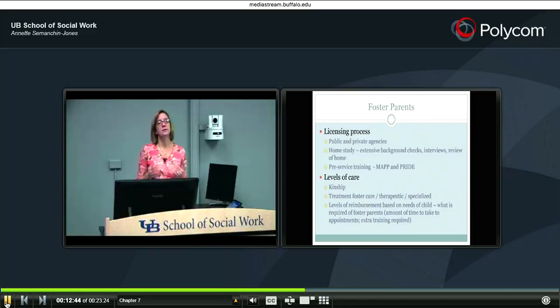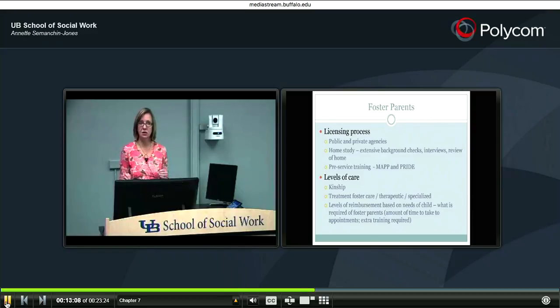There's also different levels of care for foster care. So you have kinship, so you might be a relative that actually becomes licensed. So it's a kinship foster care placement, that you're a licensed foster care provider for your related child. There's also different levels of treatment foster care, therapeutic, specialized foster care.